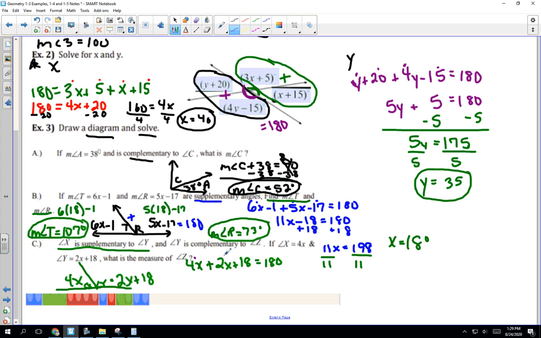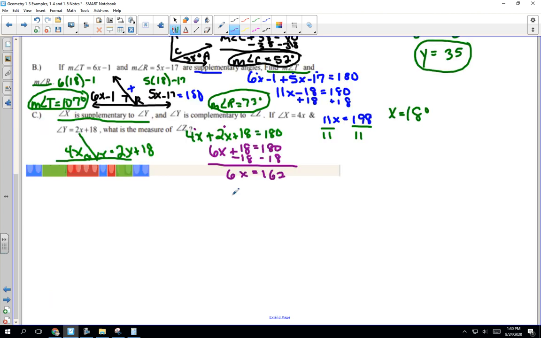So we're going to combine like terms. 2x's and 4x's is 6x's. We're going to subtract 18 from both sides. 18 minus 18 is 0, and 180 minus 18 is 162.